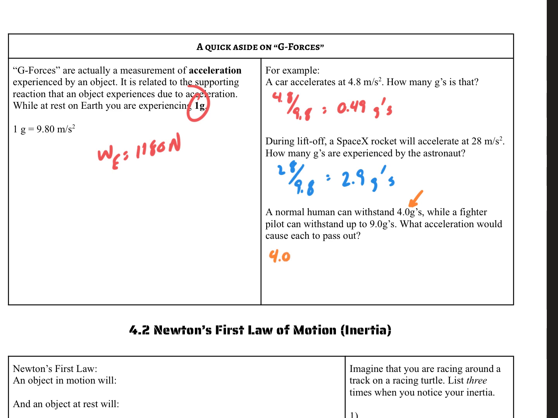So at 4 g's, if you run the numbers, that is experiencing an acceleration of about 39.2 meters per second squared. So that's pretty substantial. At 9 g's, close to the upper limit of what we think humans can handle, that means it's close to 88 meters per second squared.